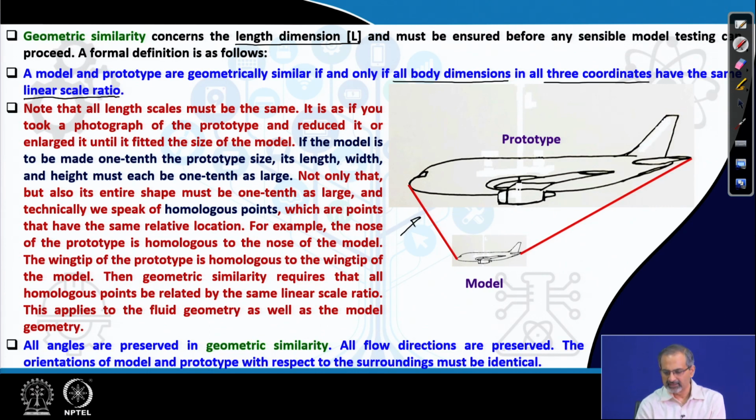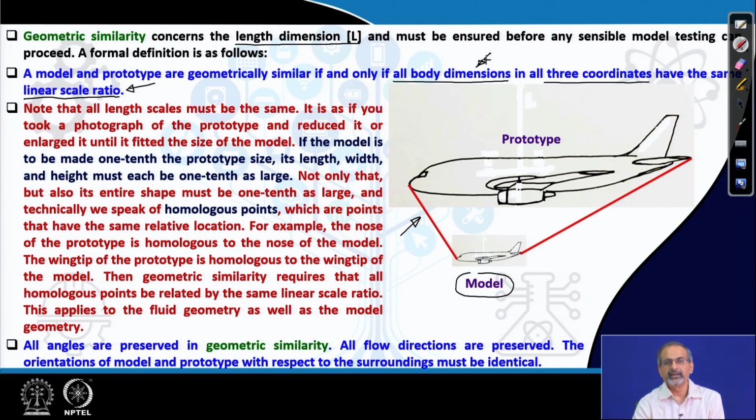It is shown through this diagram. You have the prototype and you have a scaled down model. The scaled down model is an exact scaled down replica. That is what we talk about in the linear scale ratio.